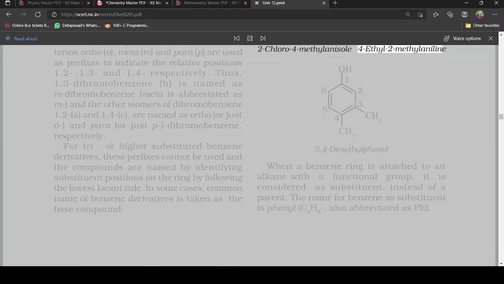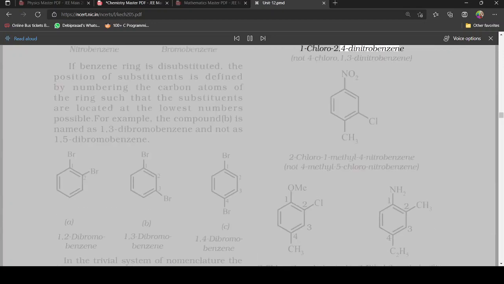2-chloro-4-methylanisole, 4-ethyl-2-methylaniline, 1-chloro-2,4-dinitrobenzene, not 4-chloro-1,3-dinitrobenzene. If the benzene ring is disubstituted, the position of substituents is defined by numbering the carbon atoms of the ring such that the substituents are located at the lowest numbers possible.